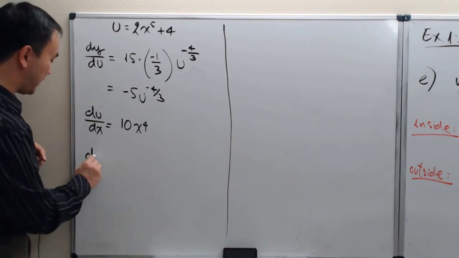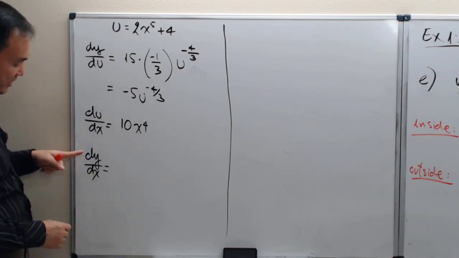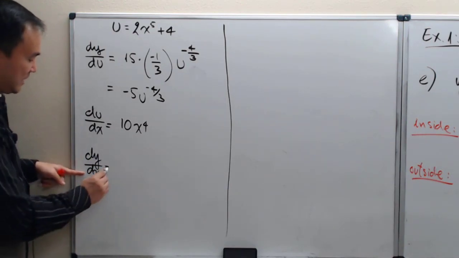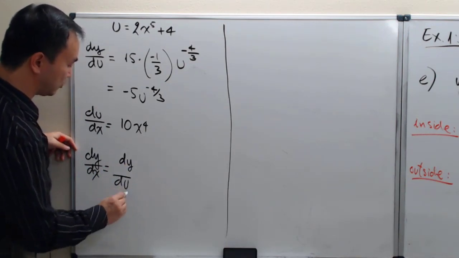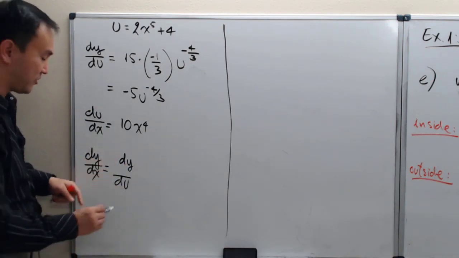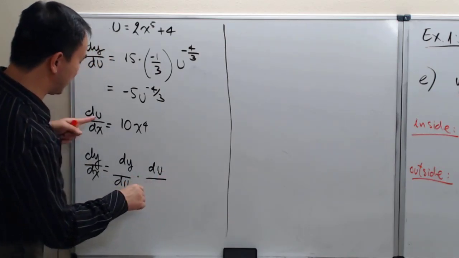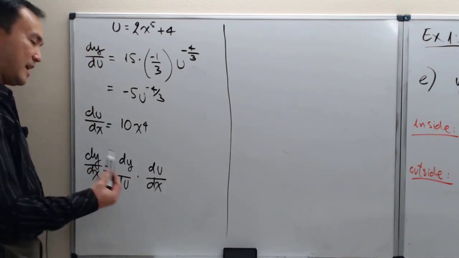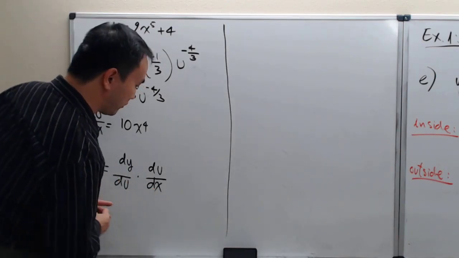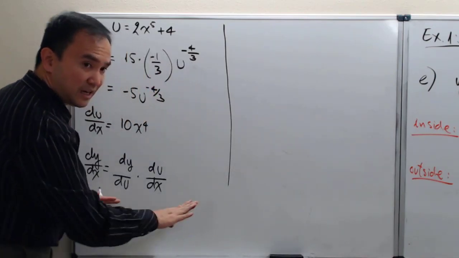So now our final derivative, dy dx, according to the chain rule, needs to take the derivative dy du, which is verbally the derivative of the outside function, multiplied with the derivative of the inside function, which I just now called du dx. So now I'm ready for the final derivative, and let's write it here in this common space.